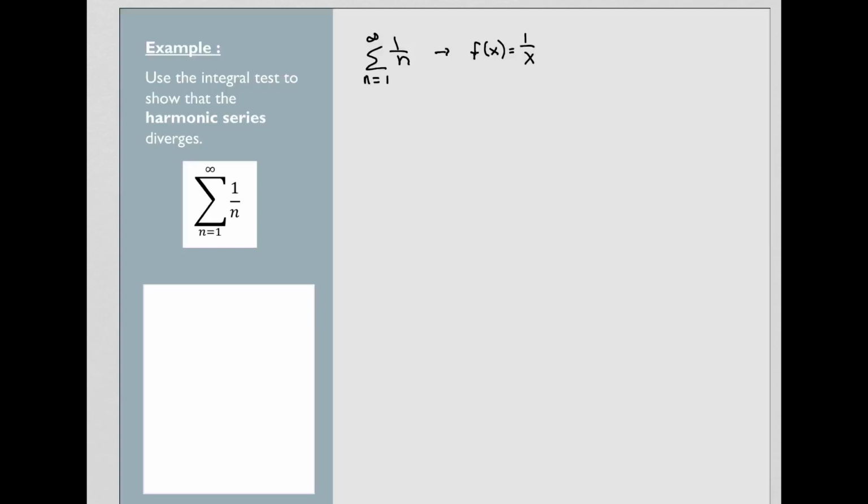Now there are three conditions that have to be met in order for the integral test to apply. The first condition I want to check is, is my function f a positive function? The second thing I need to check is, is that function decreasing?